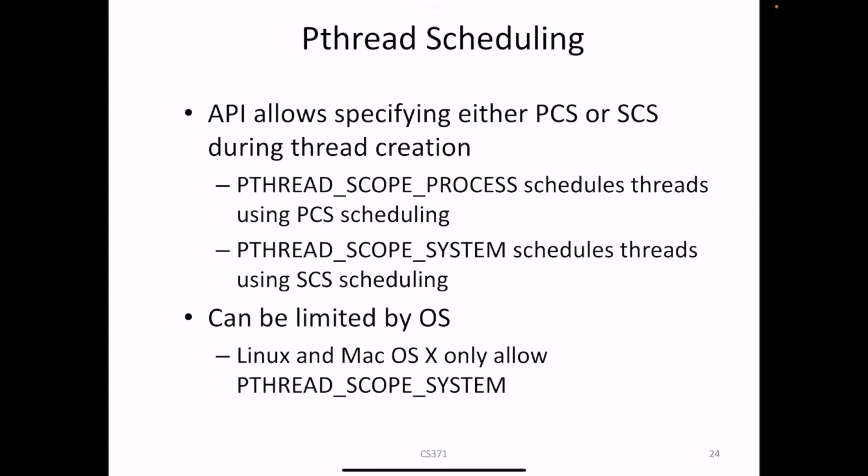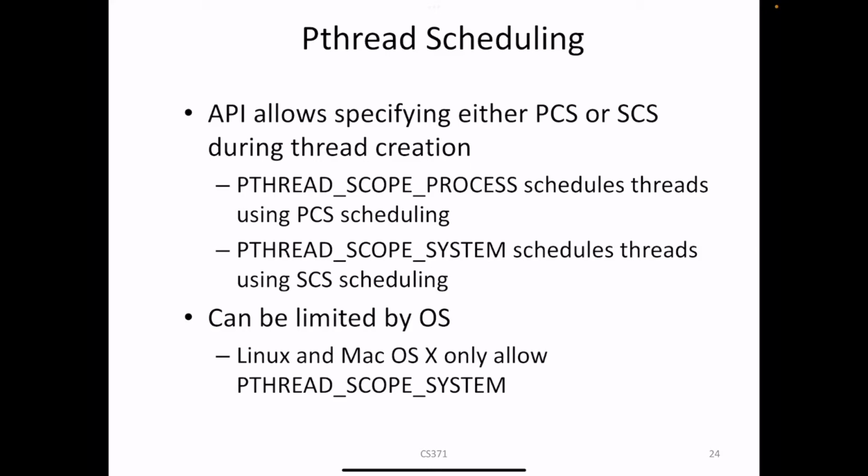Now let's look at how to use the Pthread library to deal with thread scheduling. As we already mentioned, Pthread can be implemented either as kernel threads or user threads based on the operating system, so Pthread provides an API that allows specifying either PCS or SCS during thread creation.